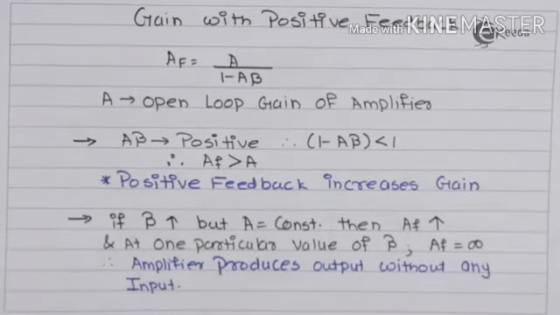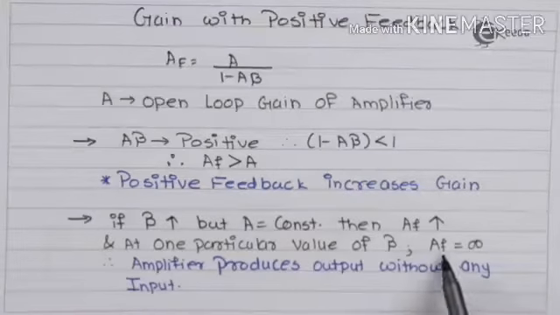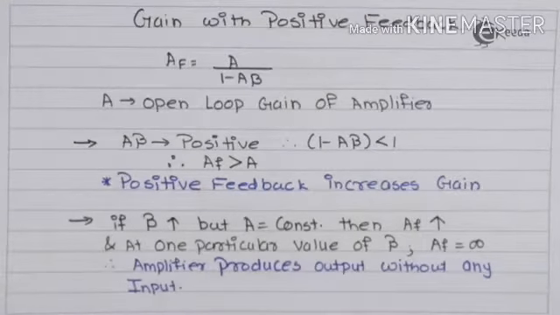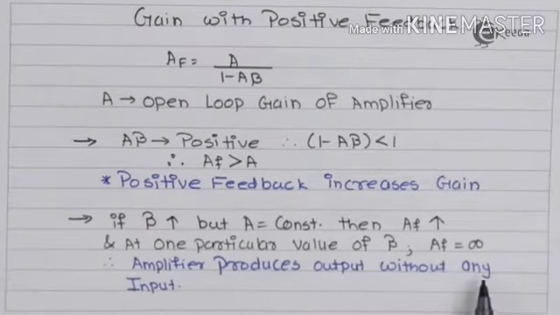And as we are increasing the value of beta by keeping A constant, at one particular value of beta the gain becomes infinite, that means AF becomes infinite. Therefore, we come to know that the amplifier produces output without any input signal when the value of beta is increased by keeping gain constant.